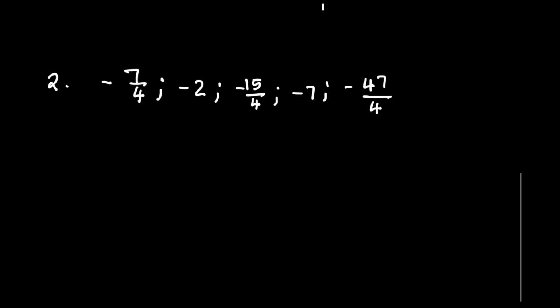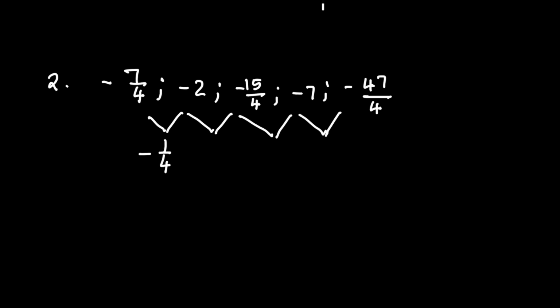First of all, I think we have to start by finding the second difference. So -2 minus -7/4 is going to be -1/4. The next one is going to be -7/4, -13/4, and -19/4.